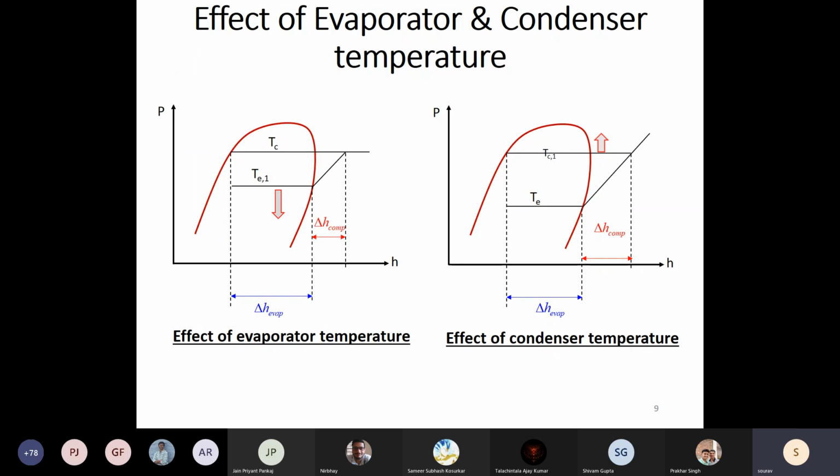Okay. So now we will come to the effect of operating conditions. Now we have seen that it depends on the operating condition how much flow rate the compressor will deliver.